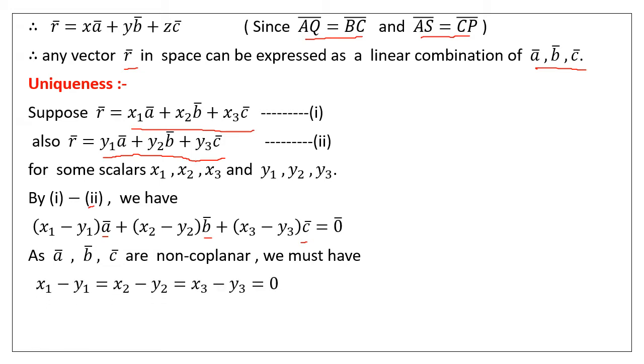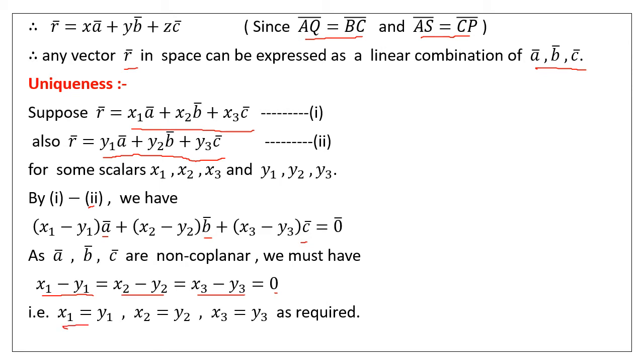So we must have x1 minus y1 equals x2 minus y2 equals x3 minus y3 equals 0. So we have x1 equals y1, x2 equals y2 and x3 equals y3. Means no other vector exists there. So this proves the uniqueness of r bar.